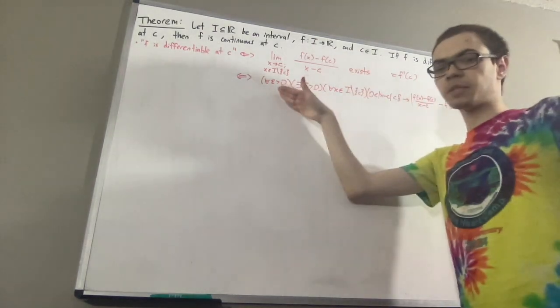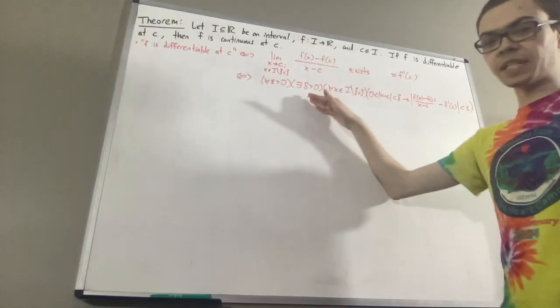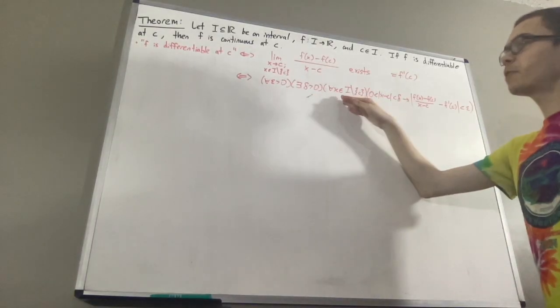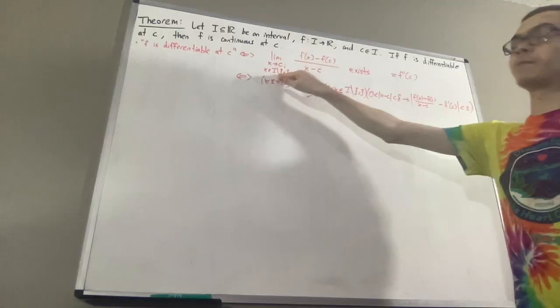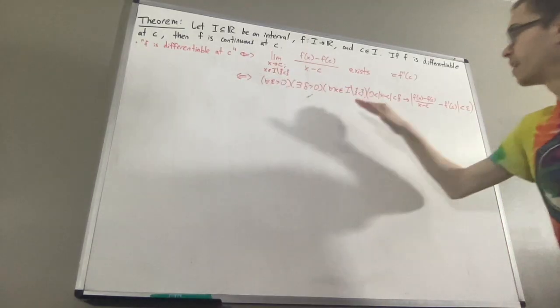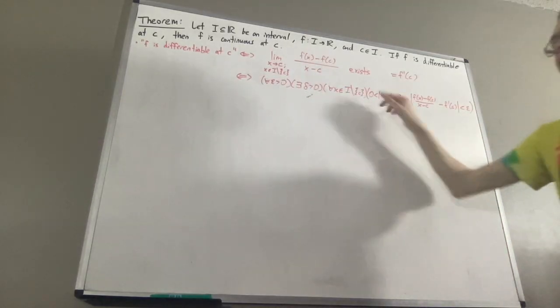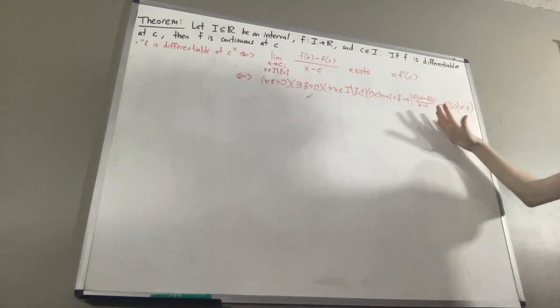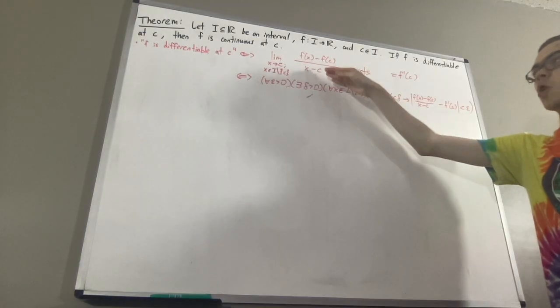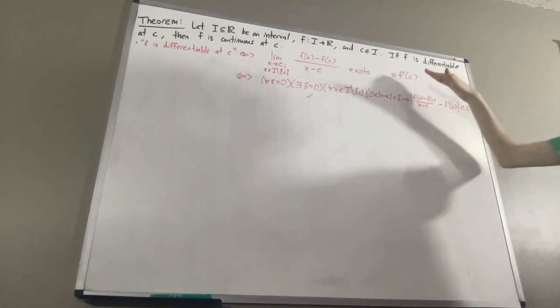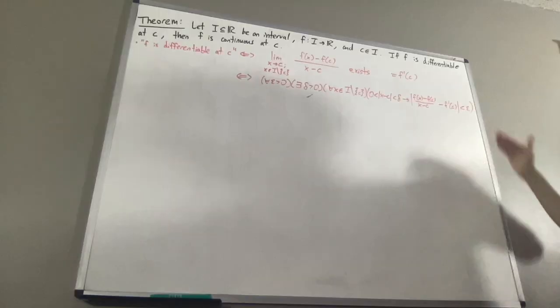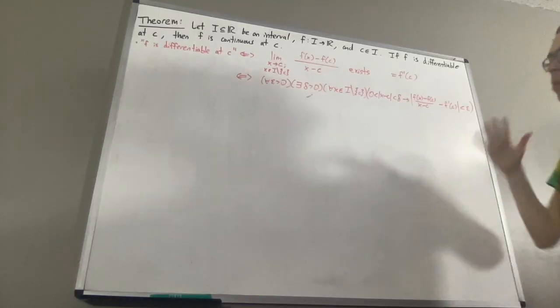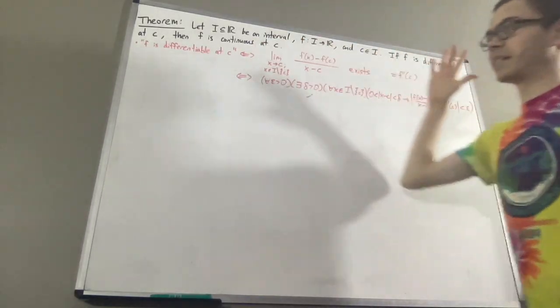It means for every epsilon greater than 0, there exists a delta greater than 0, such that for every x in the domain of our function, I set minus c, if 0 is less than the absolute value of x minus c is less than delta, then the absolute value of (f(x) - f(c)) over (x - c), minus f prime of c, is less than epsilon. Okay, so that's what it means for f to be differentiable at c.